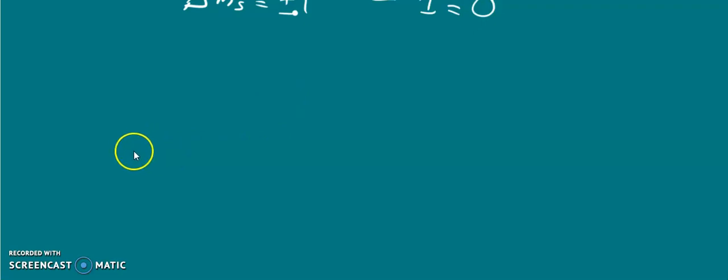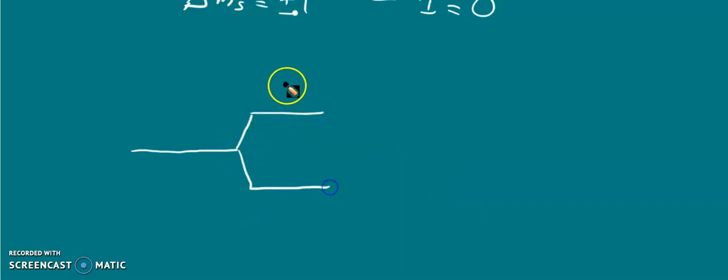So suppose we have an energy level like this, and due to magnetic hyperfine interaction, it splits according to its ms value. So there is a specific energy for ms equal to half, and another energy for ms equal to minus half, and each of these levels again splits according to the value of mi.